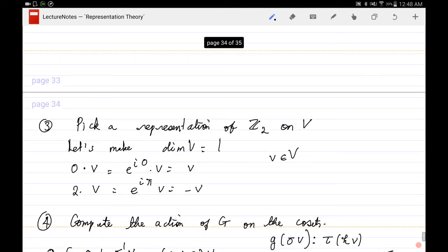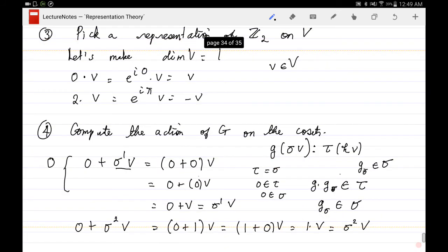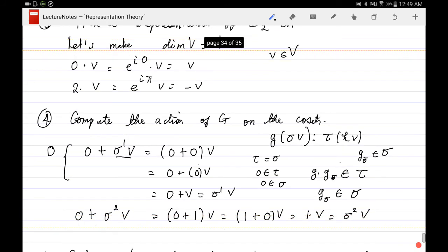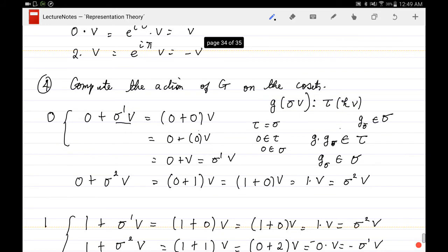Once you've done that, you need to pick a representation of a subgroup on a vector space. I chose mine to be a one-dimensional representation space, and I chose this representation. And then you calculate the action of the group on the cosets. And remember that the induced representation is the action of the group on the set of cosets.